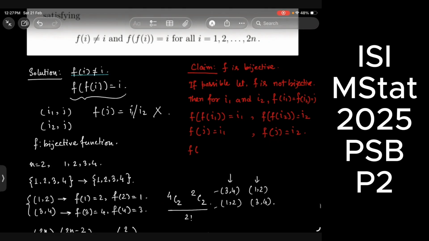So f of j equals i1 equals i2. But initially i1 was not equal to i2, so there is a contradiction. Hence f should be bijective. Got it?